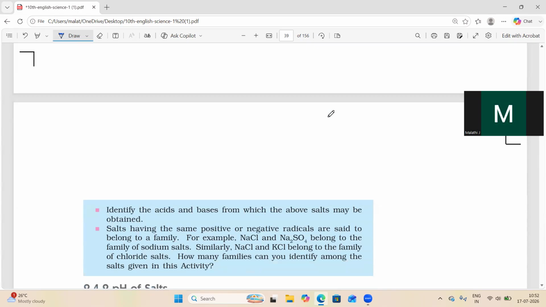These salts are formed when acids and bases react. Salts have positive and negative radicals. If you take NaCl, when sodium hydroxide reacts with an acid, you get Na+ and Cl-.